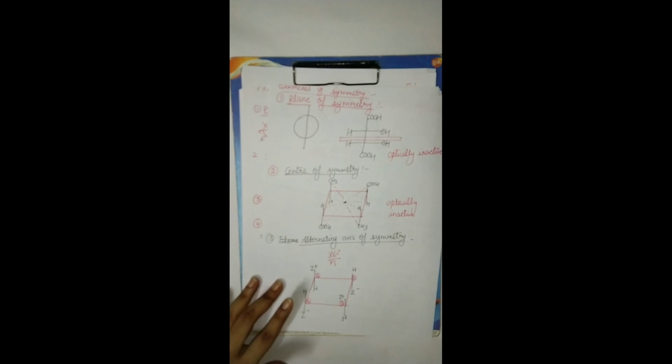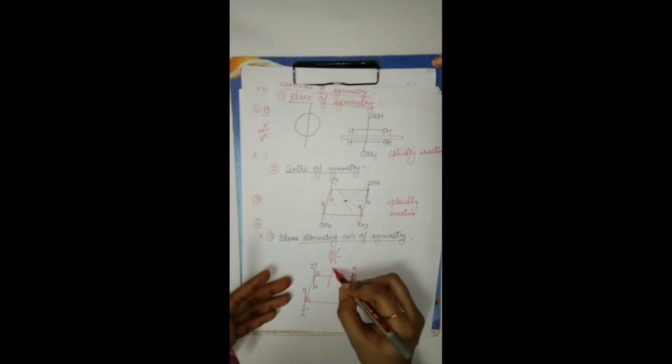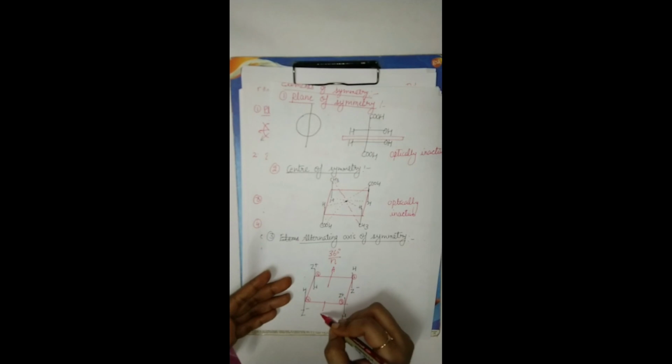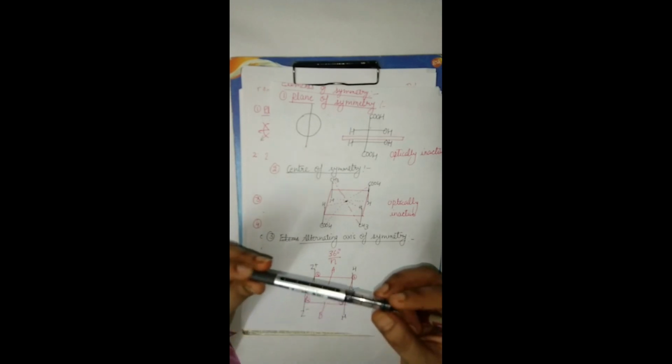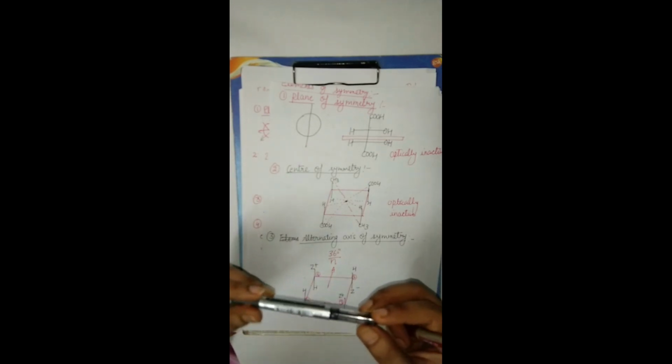That's why there is a four-fold axis of symmetry, or we can say rotation of the molecule through 90 degrees about an axis like this. This is the axis. Suppose this is a pen, and it is rotated 90, 180, 270, 360 degrees, then it will get its original position. This is the alternating axis of symmetry.